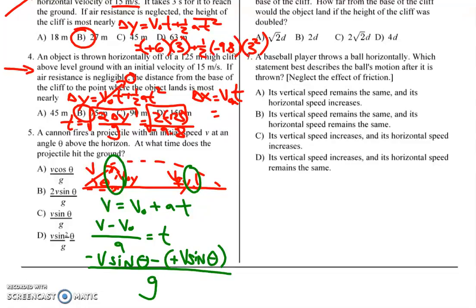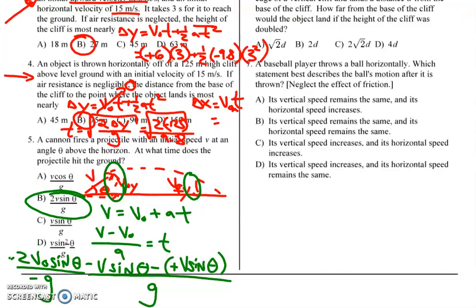Okay, so if you notice that if we have negative v sine theta minus, we're subtracting these two, so we get a minus 2 v naught sine theta all over g, and g will be negative, so we end up getting a negative divided by a negative, so we end up getting a positive time. So we get 2v sine theta over g. That's choice B as well.